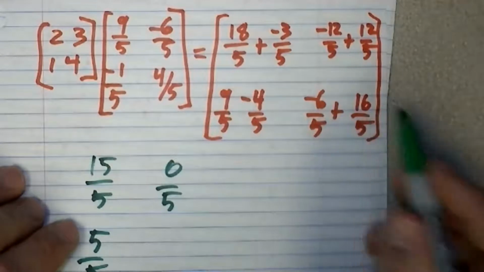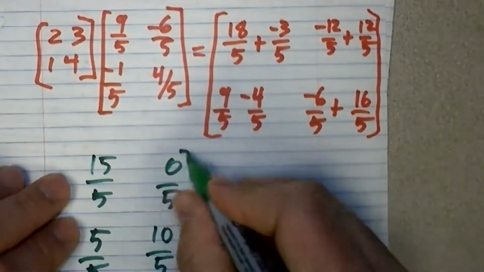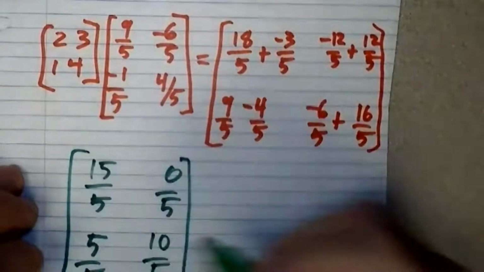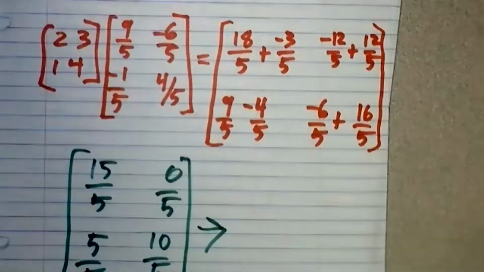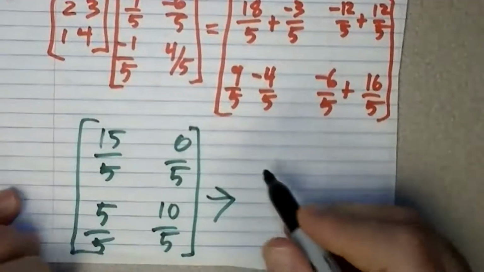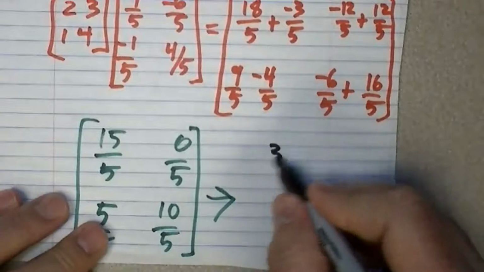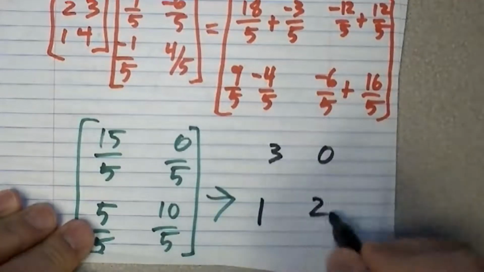And then negative 6 plus 16 is going to be 10 over 5. Simplifying one more time, 15 over 5 is going to be 3, 0, and then 1, 2.